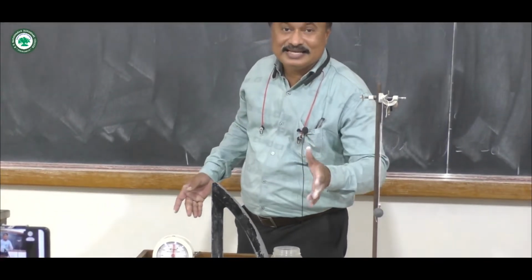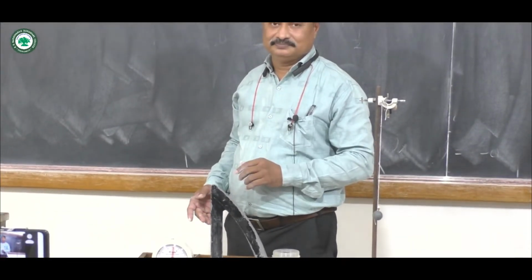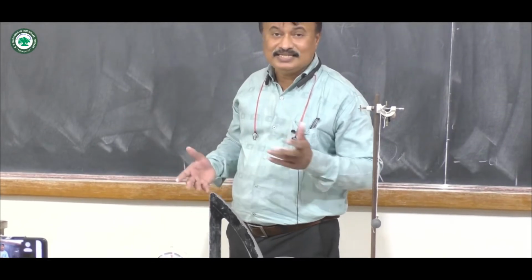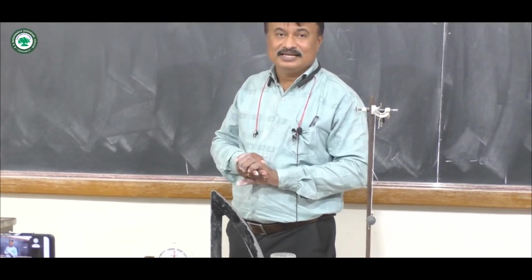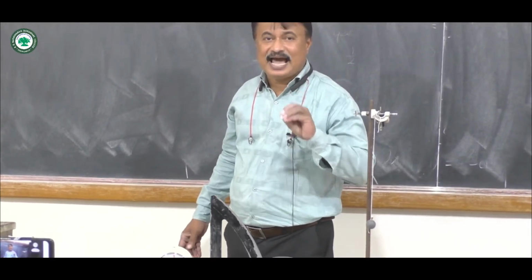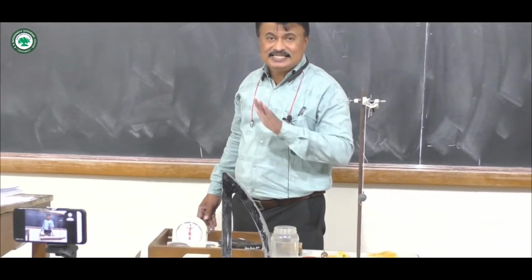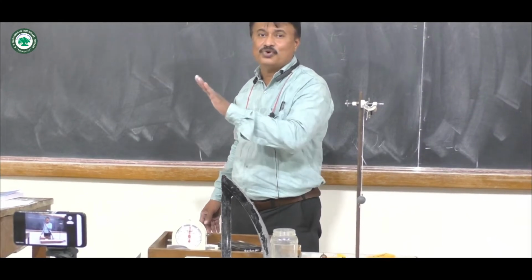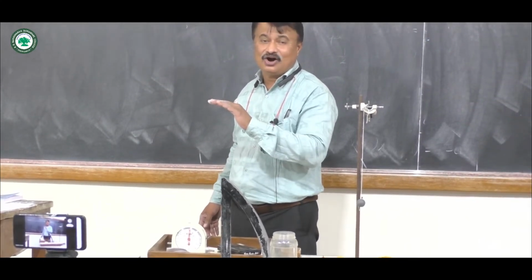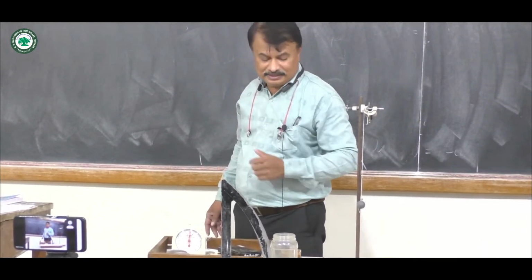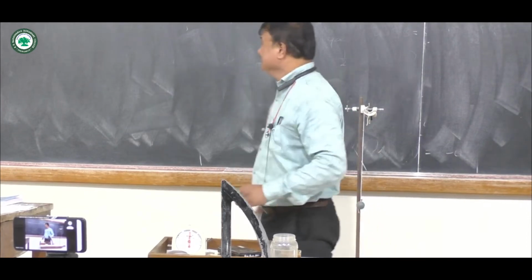Because there is inertia. What is inertia? It is the inability of an object to change its state of rest or of motion along a straight line on its own. That is called inertia.